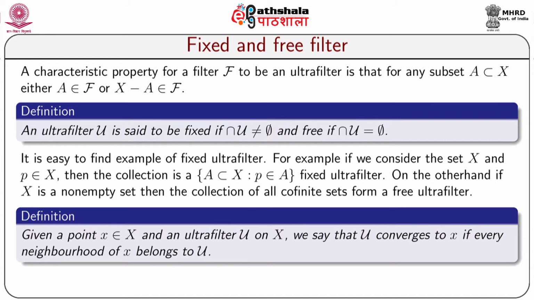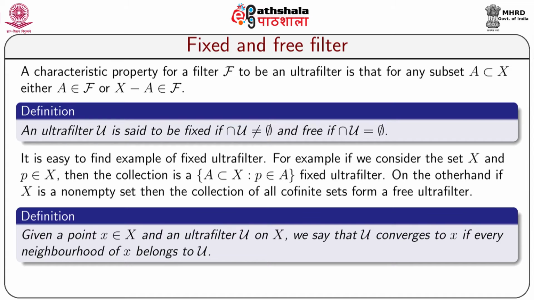For an ultrafilter, the case is also the same. That means an ultrafilter script U will be called fixed if there exists some x belonging to capital X such that x belongs to the intersection of script U, and if the intersection of script U is empty, then the ultrafilter will be called free.